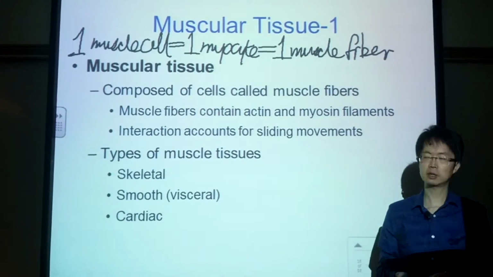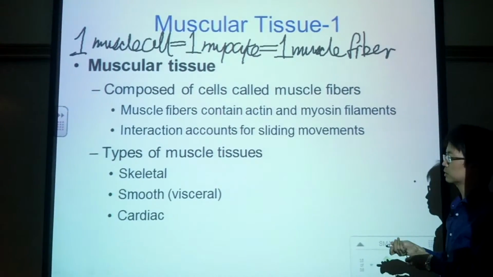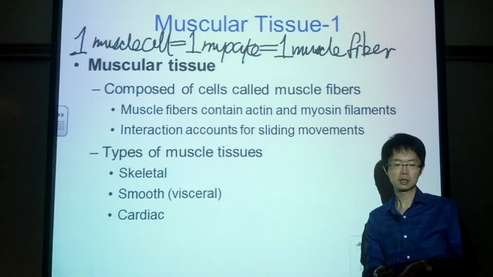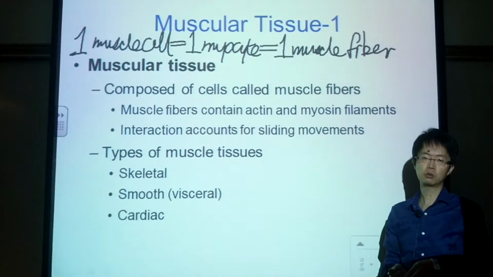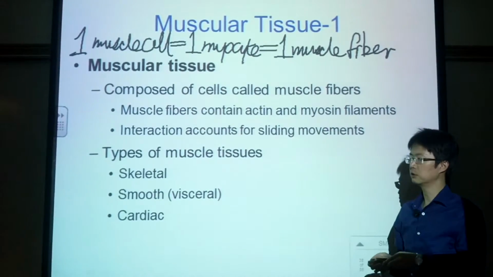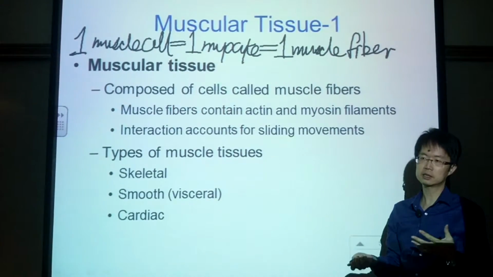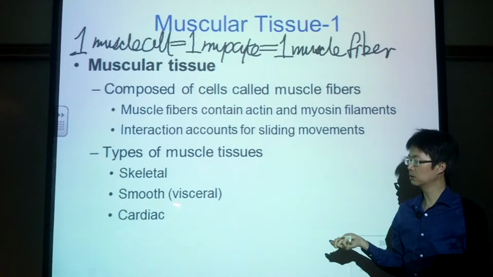We have 3 types of muscle. Skeletal muscle. Skeletal muscle is the muscle that we talk about most of the time. When people go to work out, what you see is that they are training their skeletal muscle.